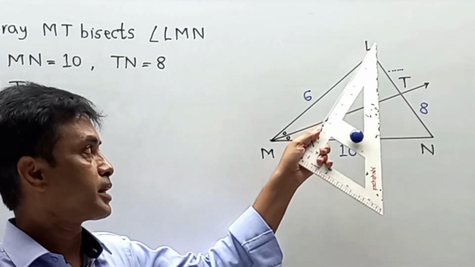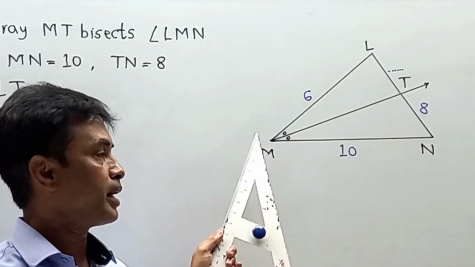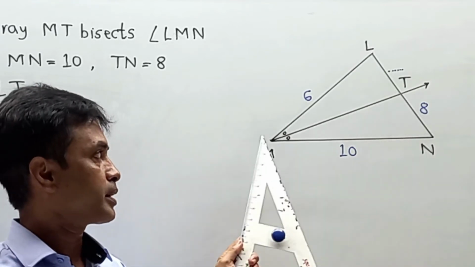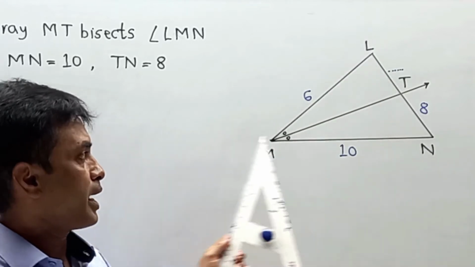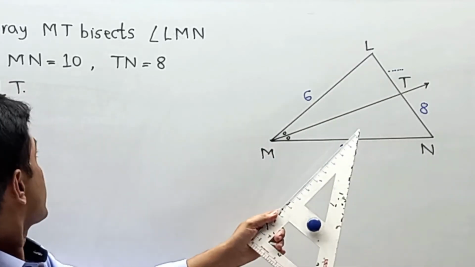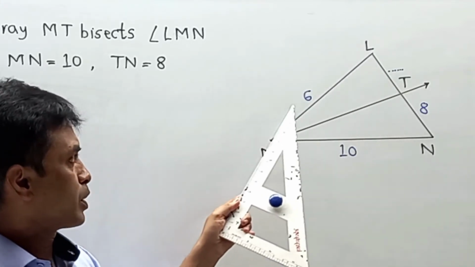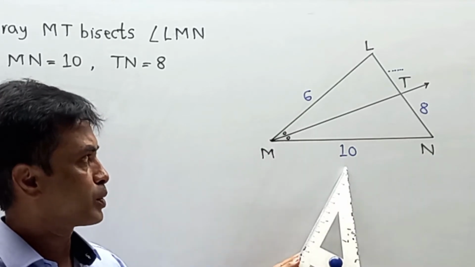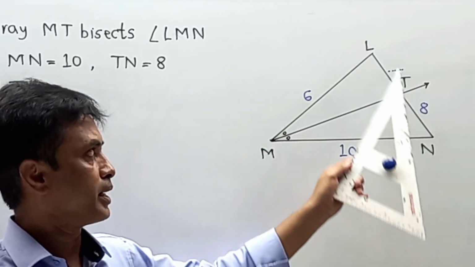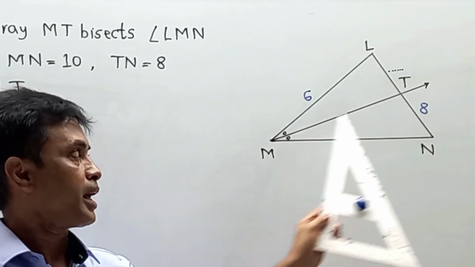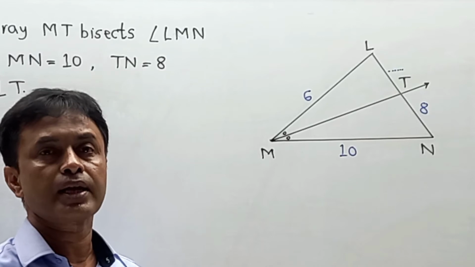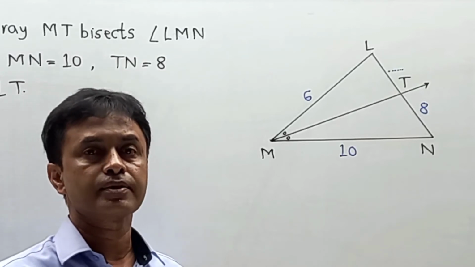So as per the condition, in triangle LMN, they have given that MT is an angle bisector of angle LMN. Next, as per their data, LM equal to 6, MN equal to 10, TN equal to 8, then find LT. Means for the given triangle, MT is an angle bisector, so this numerical is simply about the angle bisector of a triangle.